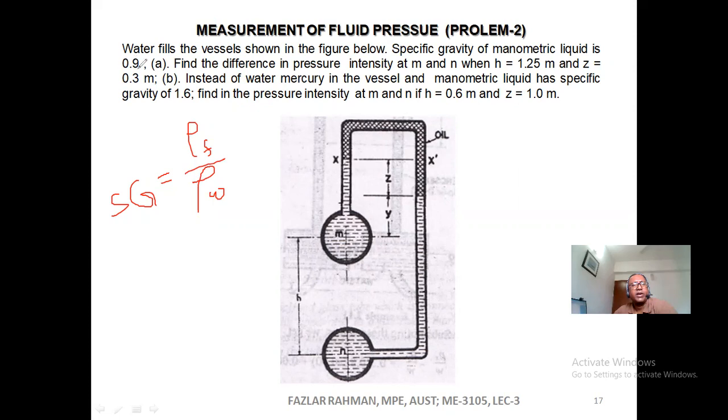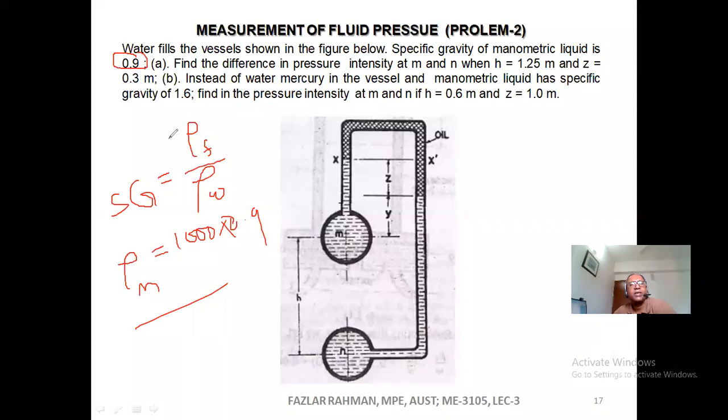So this value is 0.9. So easily you can get rho m equal to density of water 1000 into 0.9. That means 900 kg per meter cube. So instead of density, they give specific gravity.